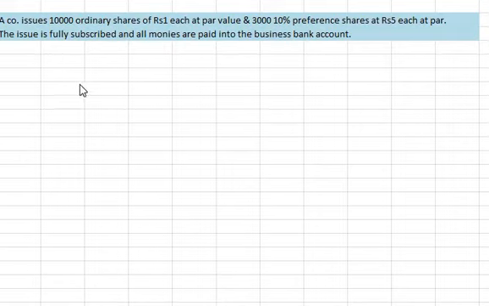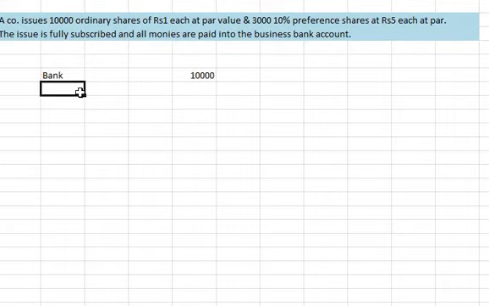So here we will be recording a journal entry. In the same way, bank account debit. First we will be recording ordinary shares. So 10,000 into 1, amount will be 10,000.